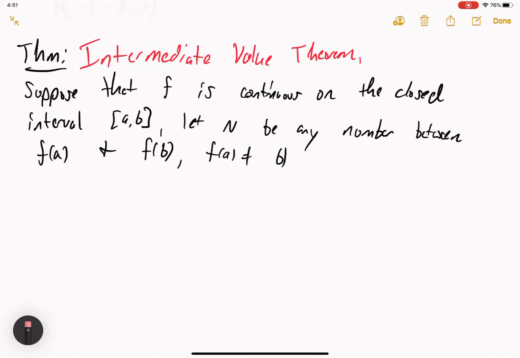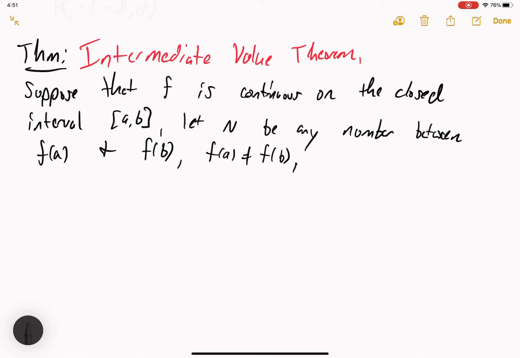We can have f of a equal to f of b, but it doesn't really provide us useful information. It's not something that we could use the intermediate value theorem for. You would have to do something else to appeal to it. So far the setup is we have a continuous function on a closed interval, and we have a number n between f of a and f of b, and these numbers aren't equal.